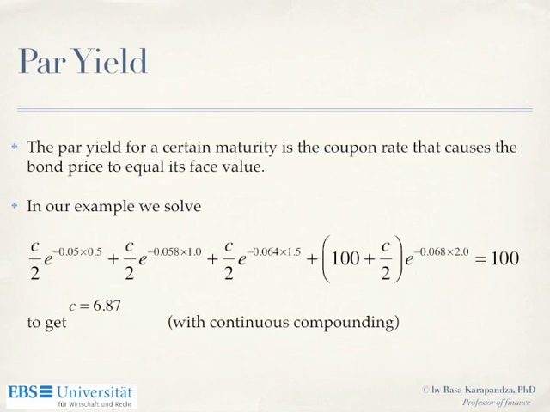Now, I told you that the yield to maturity is the rate such that if you discount your cash flow stream, you will obtain the current market price. Now, the par yield is the coupon rate that will make the value of your bond, if you use discount rates from the yield curve, equal to its face value.